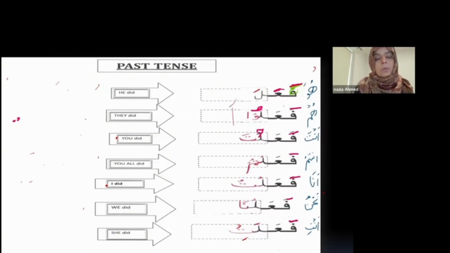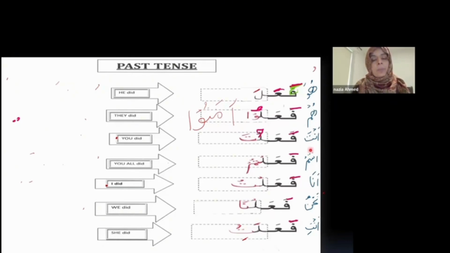This vowel alif makes it plural. Remember the word amanu? Same old, isn't it? Vowel alif at the end. Ja'alu, same old. Okay, moving on to the second person, third finger. Remember anta? Anta.